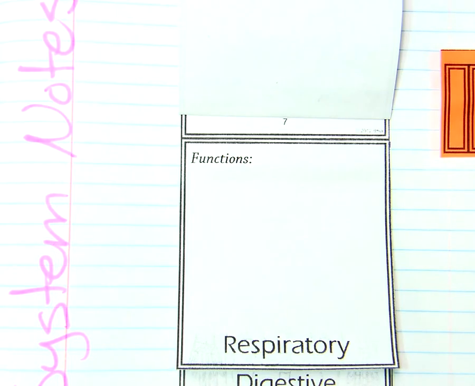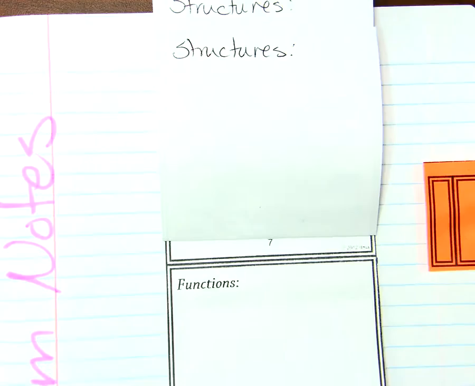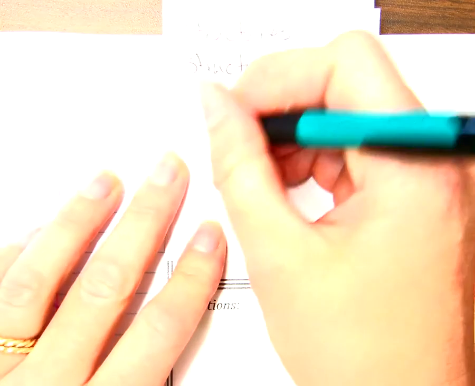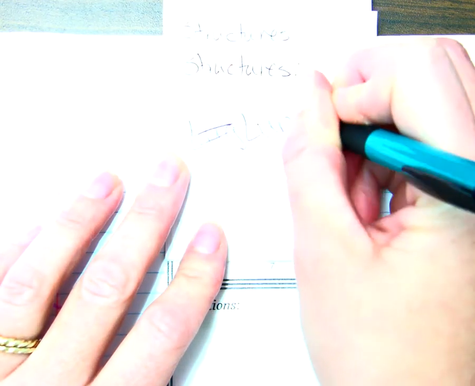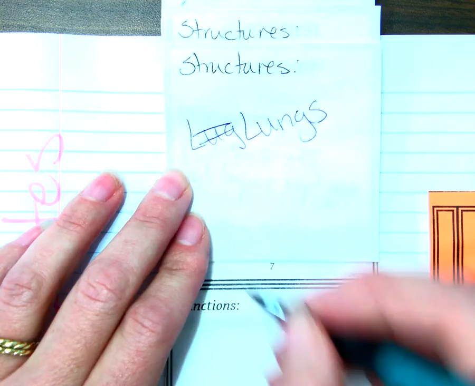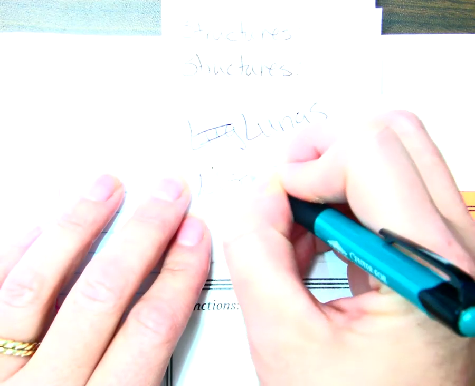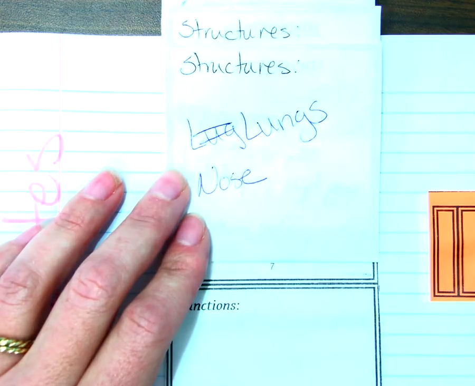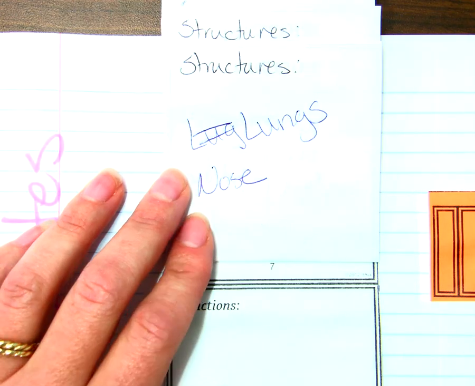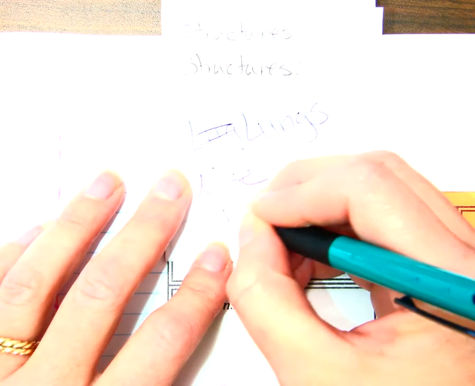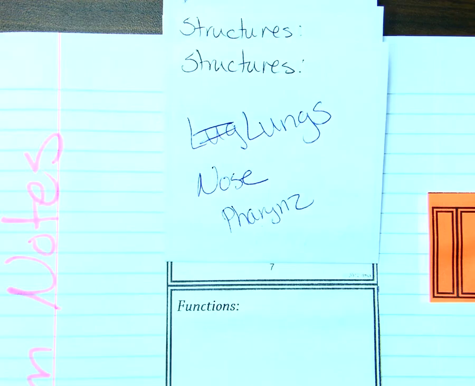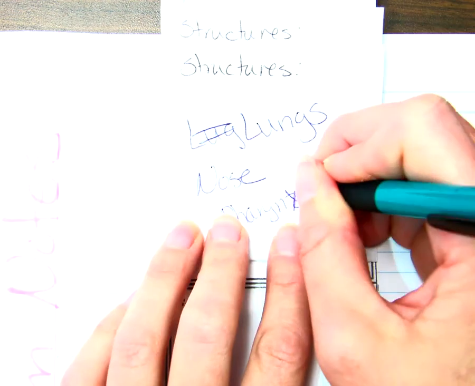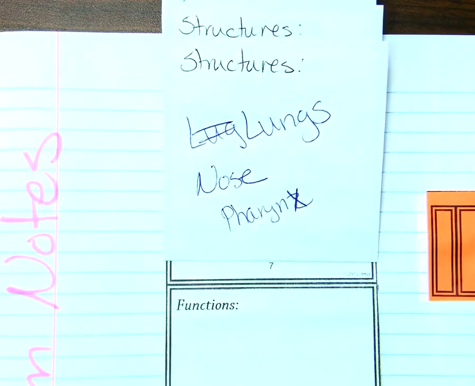Next system is the respiratory system. This includes things like our lungs, nose, and pharynx.